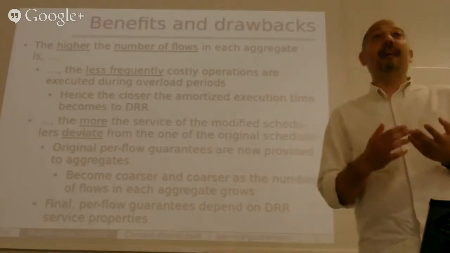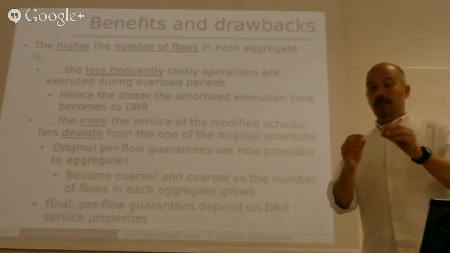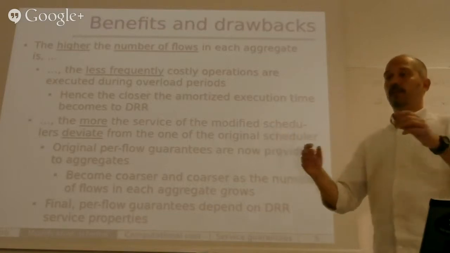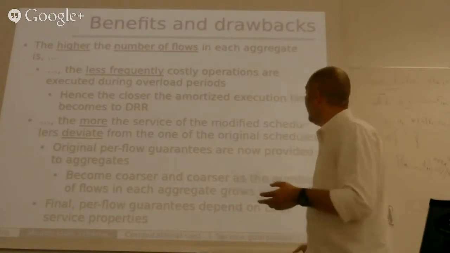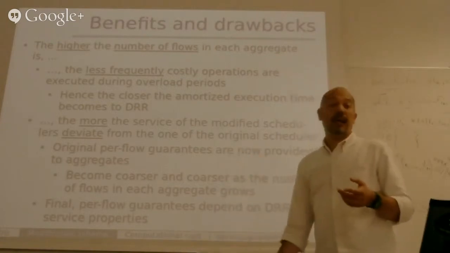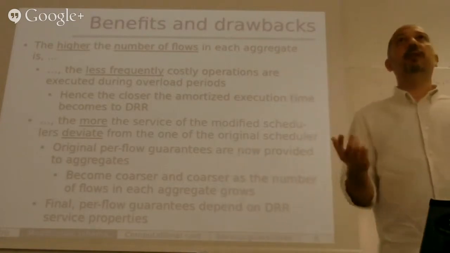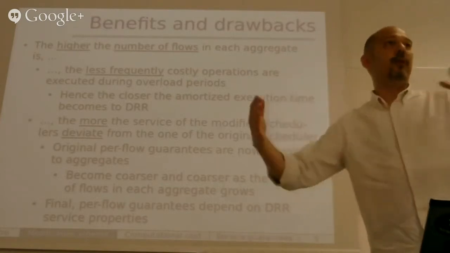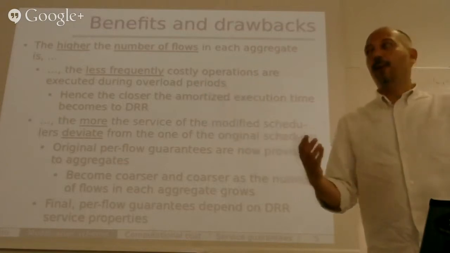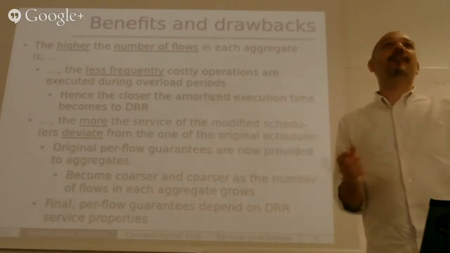The problem is that the higher the number of flows in each aggregate, the longer each aggregate is served, and the higher the deviation with respect to the ideal service is, just because guarantees become coarser and coarser, because aggregates are larger than just flows.